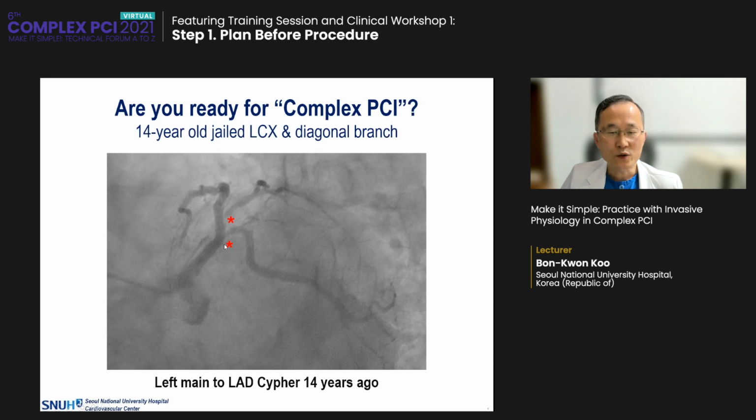There is a tight stenosis at the circumflex ostium and the big diagonal branch ostium. If you want to do something for this, you have to be ready for complex PCI. However, if you measure some physiologic indices before you do anything, you'll see that the diagonal branch FFR is 0.87 and the circumflex FFR is 0.93, so it's not for complex PCI, it's for medical treatment.